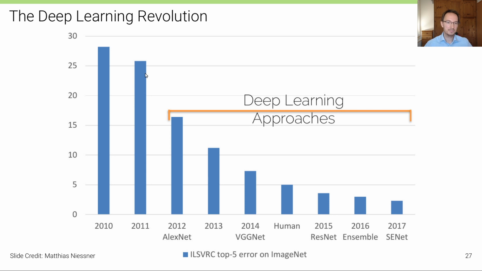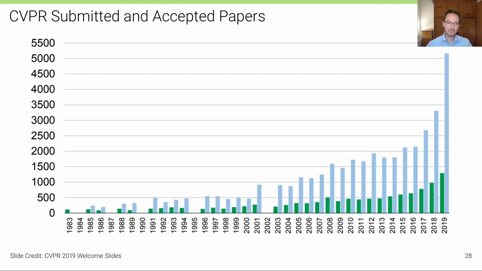So this number has decreased tremendously since 2011, 2012, now surpassing human level performance and going down further every year. This fact that computer vision started to work really on relevant problems has also increased attention and accelerated the field.